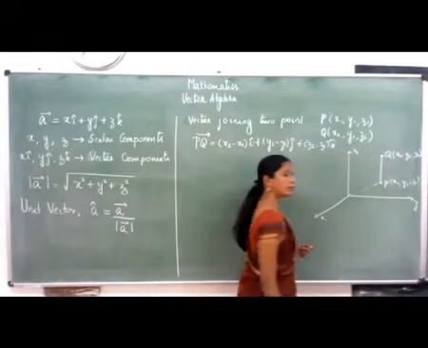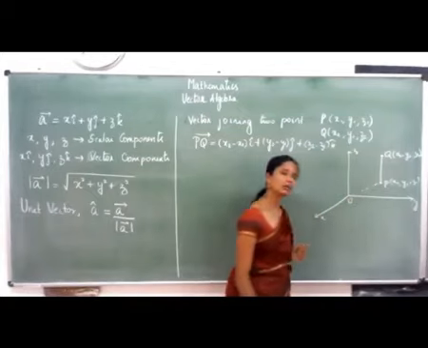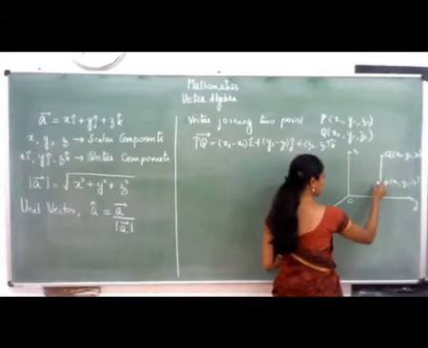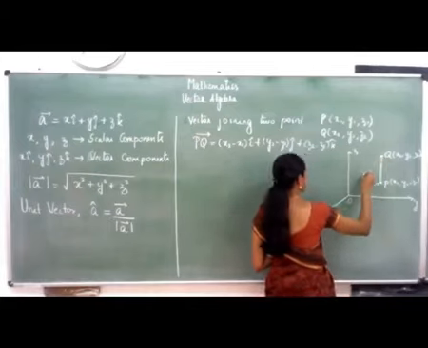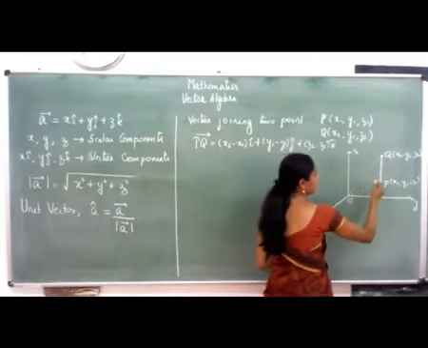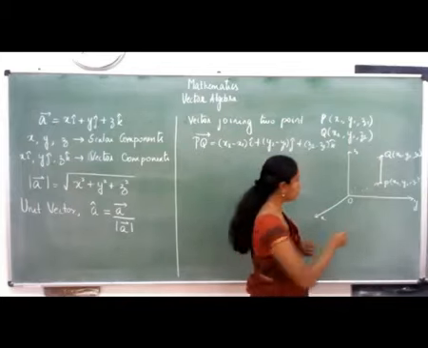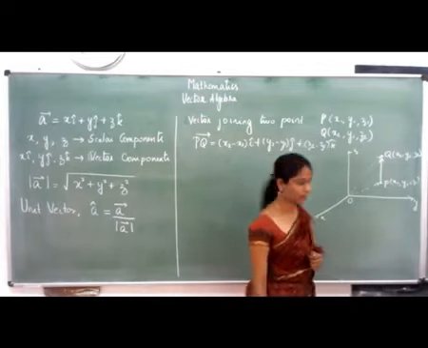First, we draw a position vector for the point P. A position vector is that vector whose initial point is O. So we draw the position vector for the point P, and also for the point Q. Then we found vector PQ by using the triangular law of vector addition.